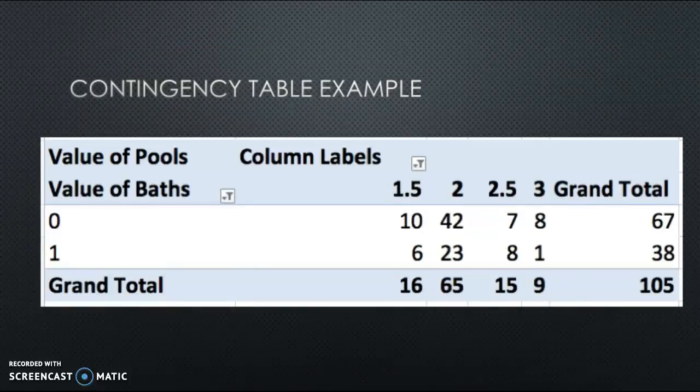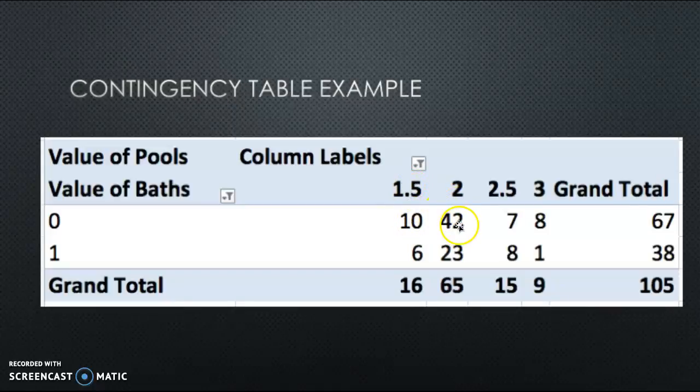This is my contingency table example. The categories I used in this example were the baths category and the pools category. If you look closely at this contingency table, you see that there are 10 houses with 0 pools and 1.5 baths.